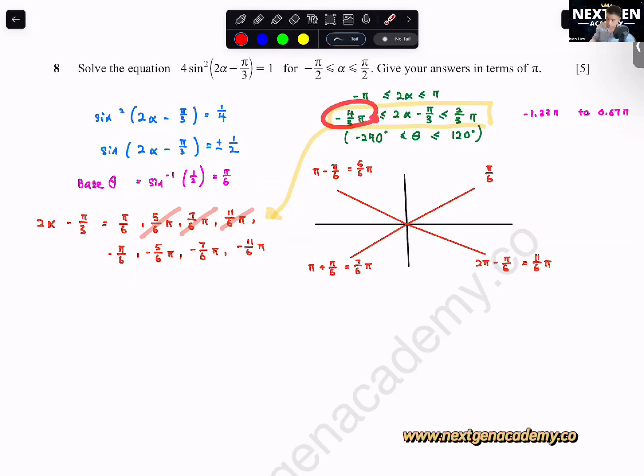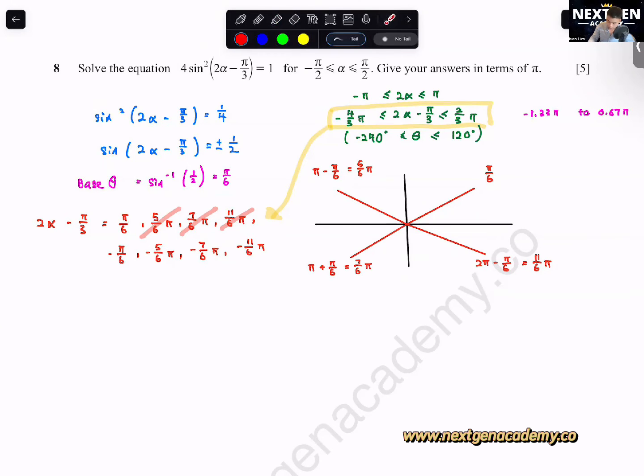Okay, I want until negative 1.33. So here, negative 1/6 is negative 0.167. So this one okay. Negative 5/6, negative 0.833, still within the range. So this one okay. Negative 7/6, negative 1.167.